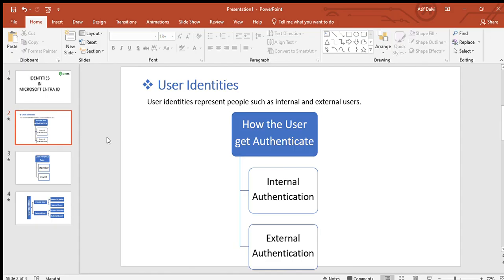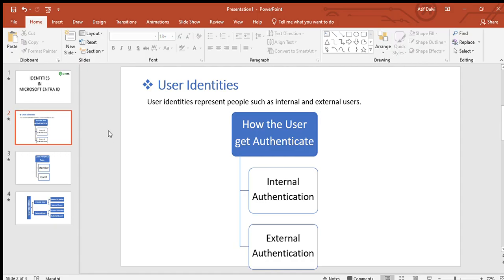Whereas external authentication means the user authenticates using the external Microsoft Entra account that belongs to another organization, or a social network identity, or other external identity provider. Here social network identity means maybe a Google account, it may be a Facebook account and so on.